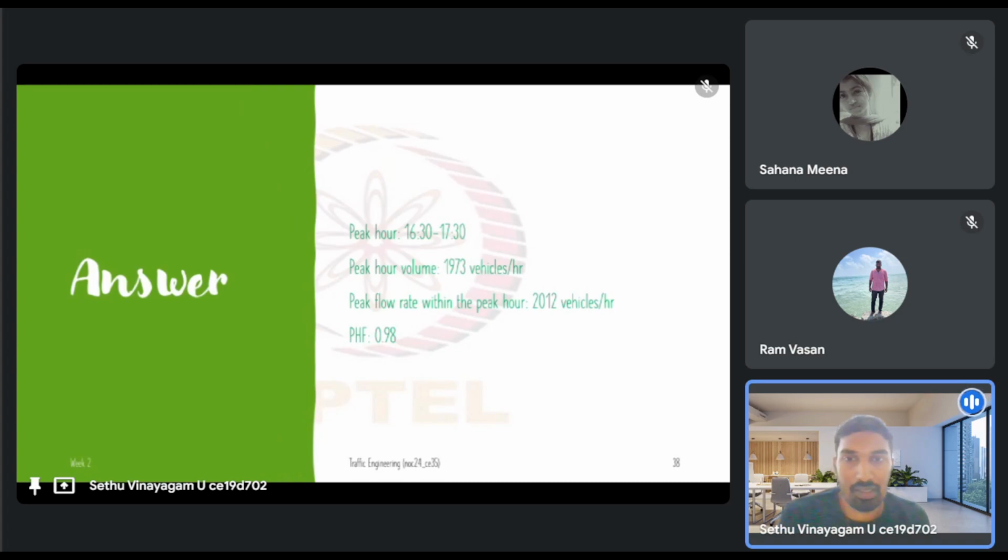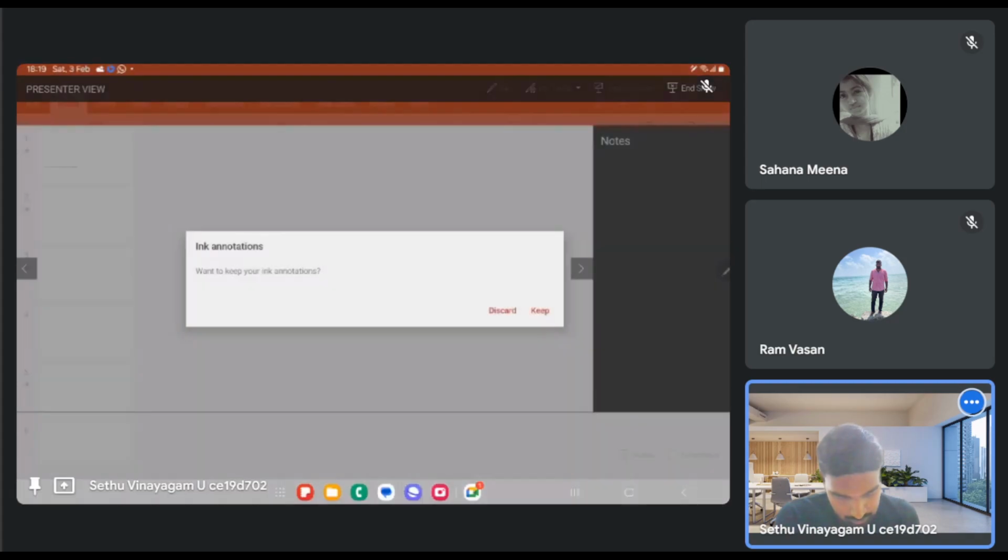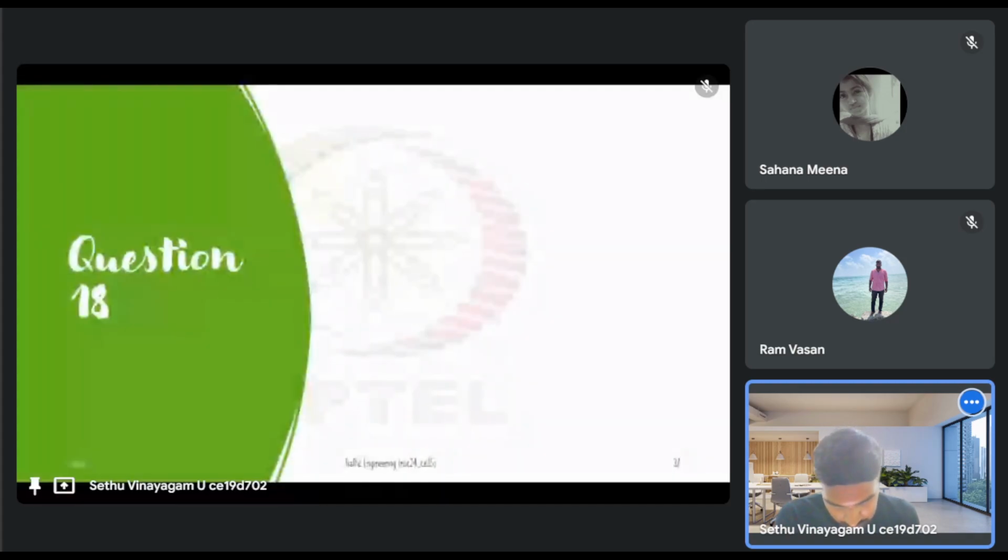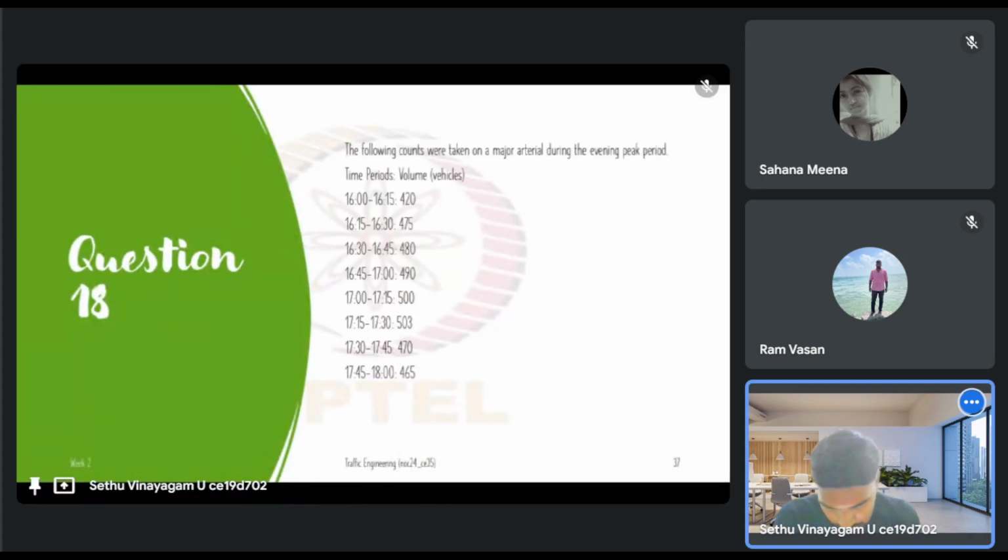It's not 503, but it is 4 times 503, right? So 503 is the peak flow in the peak period, 4:30 to 5:30. 4:30 to 5:30 is that hour where the highest hourly flow is taking place.